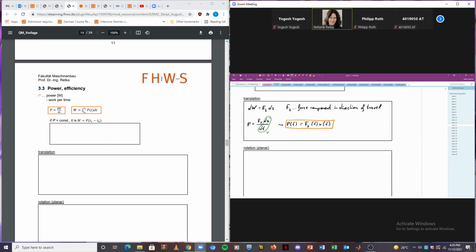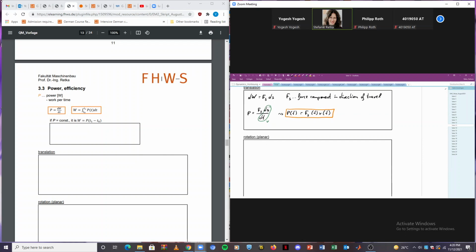Then in case of rotation, it's quite similar. We already know that work in case of rotation can be computed by the moment causing the rotation multiplied by the angle. And again, we can substitute this in the general equation for the power, and we obtain M d phi over dt.